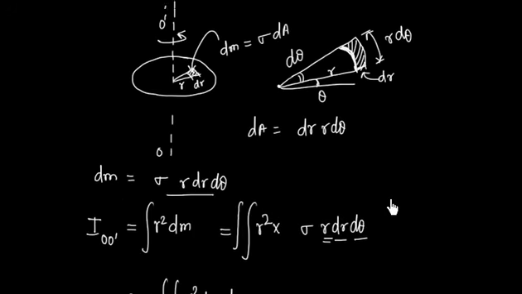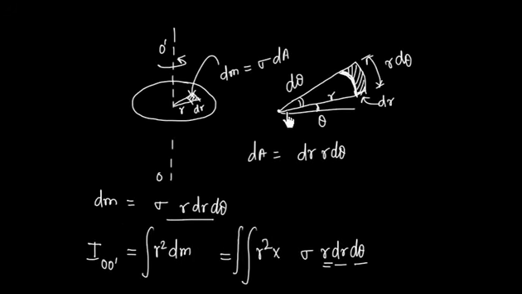You see what we are doing. If I keep r constant and change theta, then I will get this elemental ring. And if I change r, then I will get different rings. So eventually we will be able to consider this whole disk. So if I change r, we will have different rings.